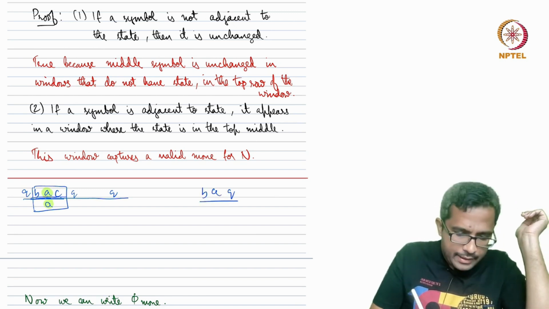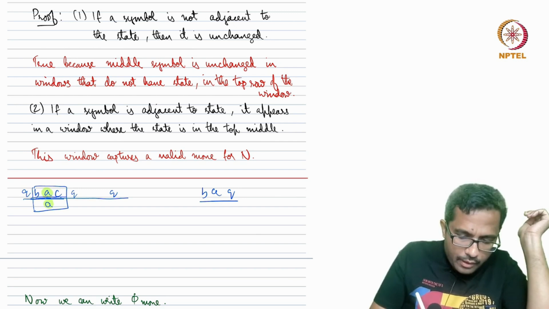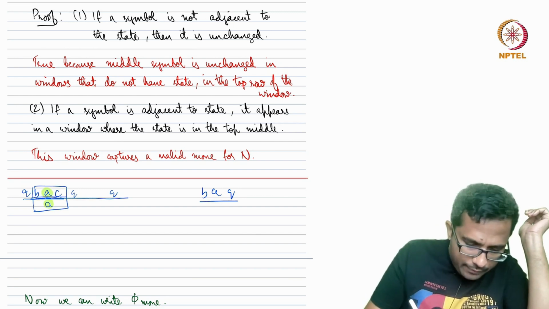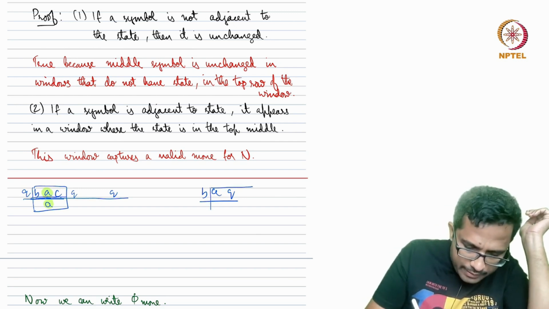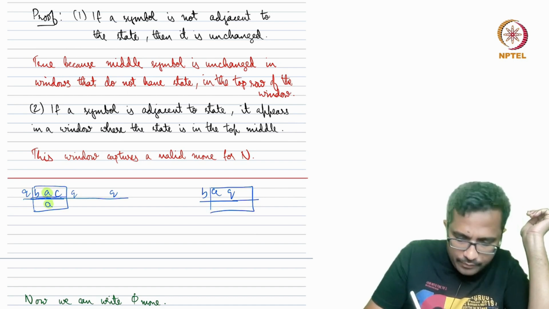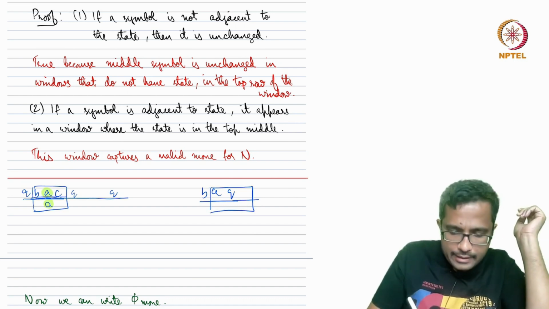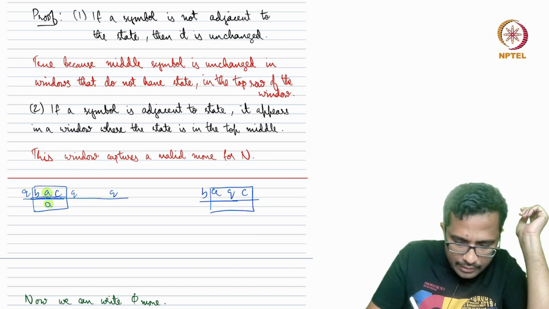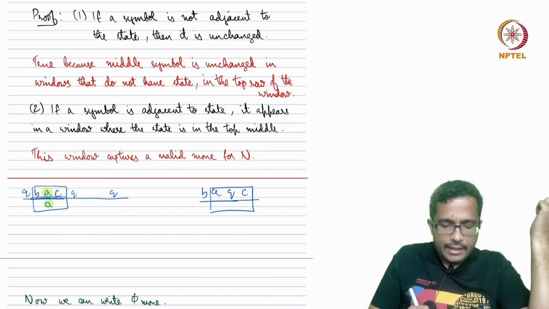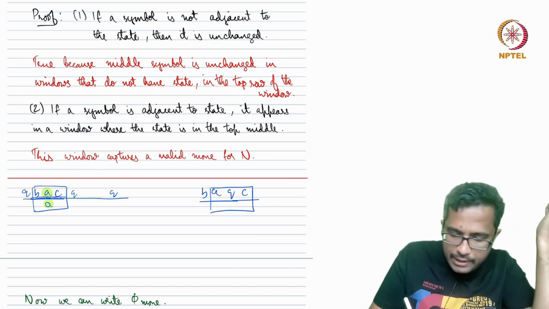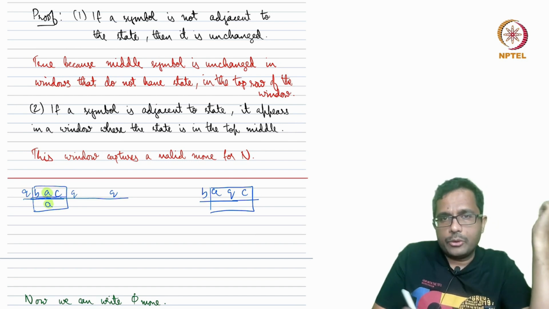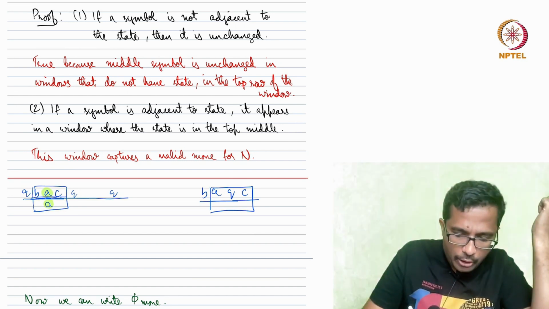Now the thing is that there is a 2x3 window which features the state in the top middle, right? So A is adjacent to the state, then there is a window where the state is in the center, so maybe A, Q, C. And now the claim is that this window captures completely what happens because of the transition, because Q is in the top middle.